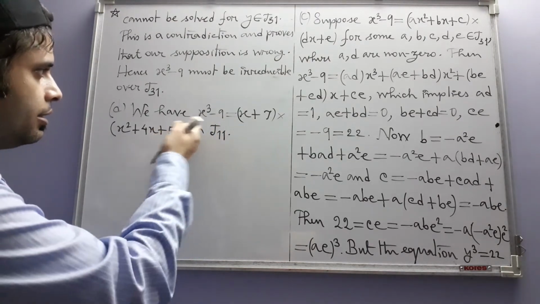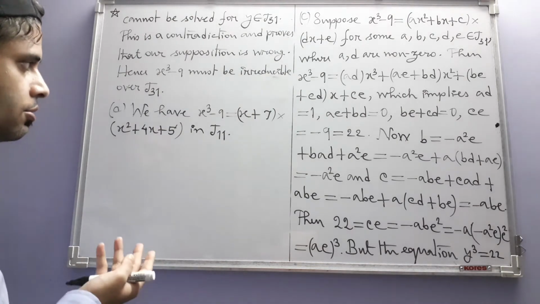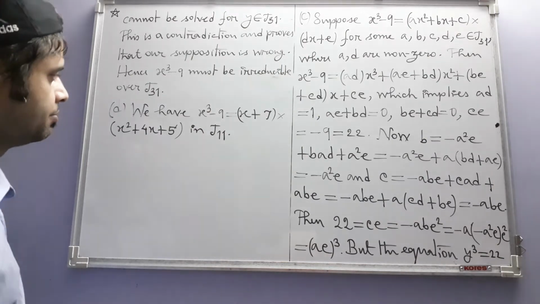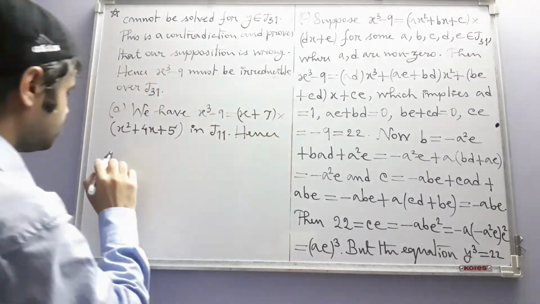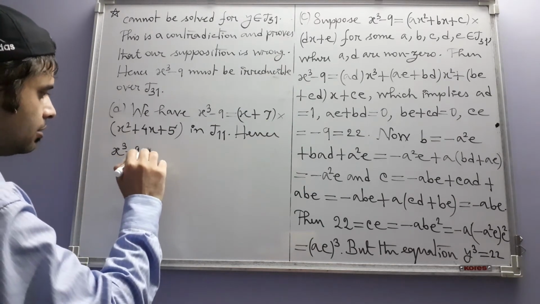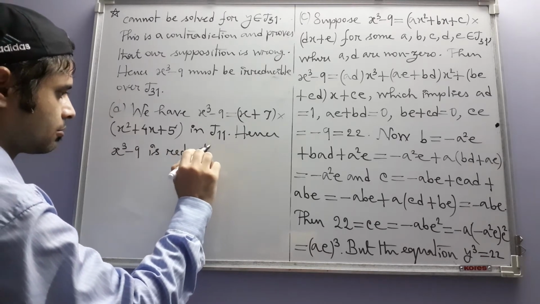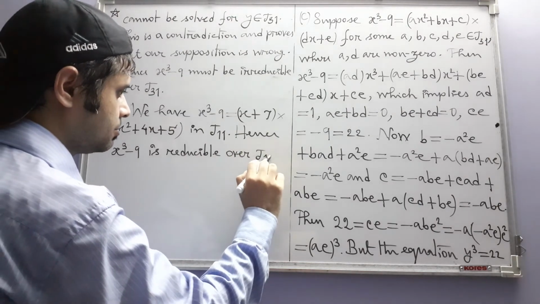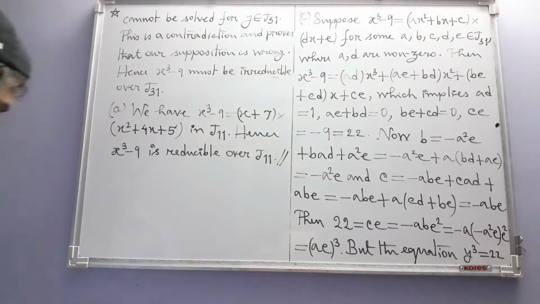So you can see that in this factorization both the polynomials are non-constant, so this polynomial cannot be irreducible, it is reducible. Hence x cube minus 9 is reducible over J11. So this completes the solution.